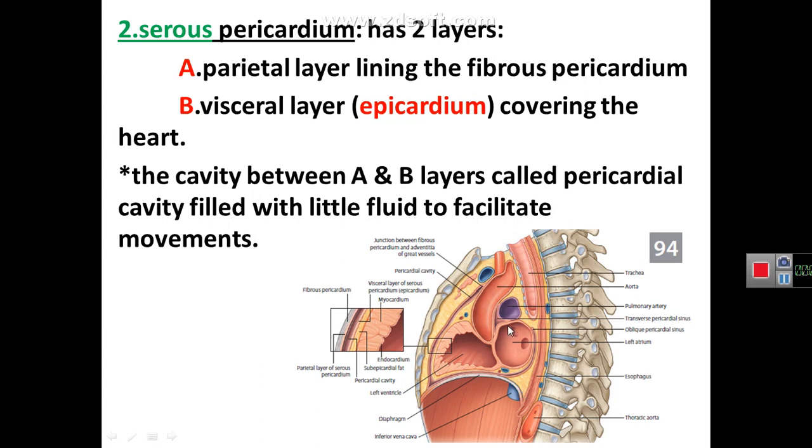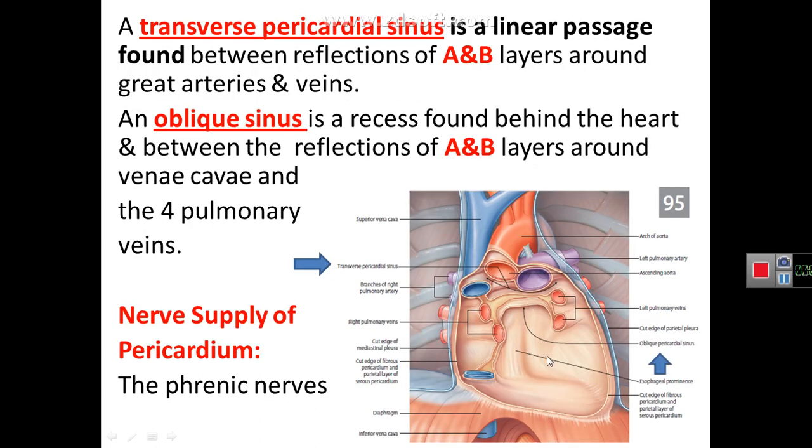So the next figure, which is this one, the heart and epicardium, the visceral serous pericardium, had been removed. So you can see that there are spaces forming the so-called sinuses of serous pericardium.